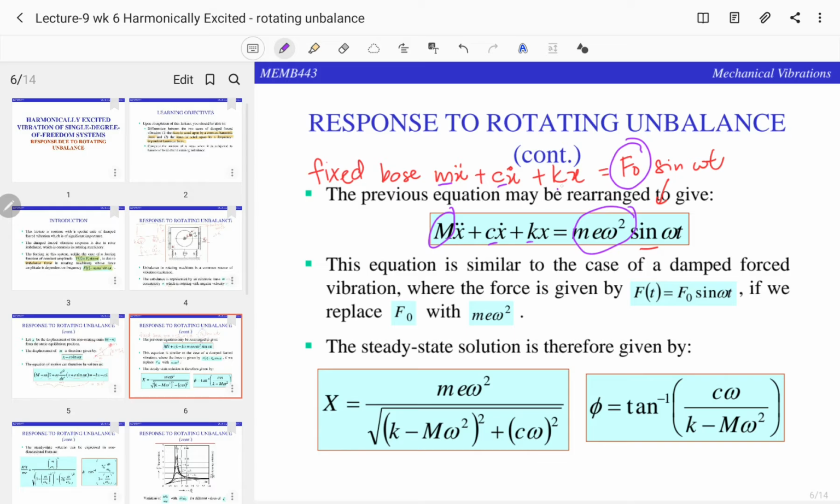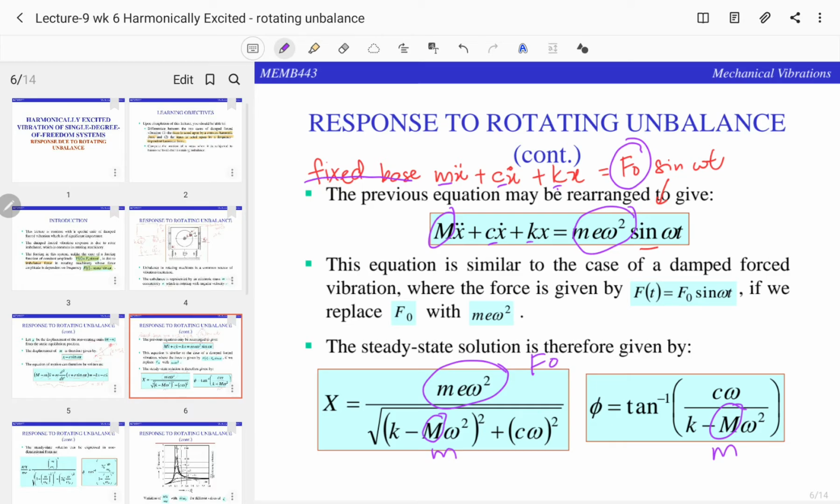So quite similarly, that's why in your equation for fixed base last time, you have a similar equation. This was F naught. So the main thing here is you have this as small m. Then the rest are exactly the same as your fixed base.